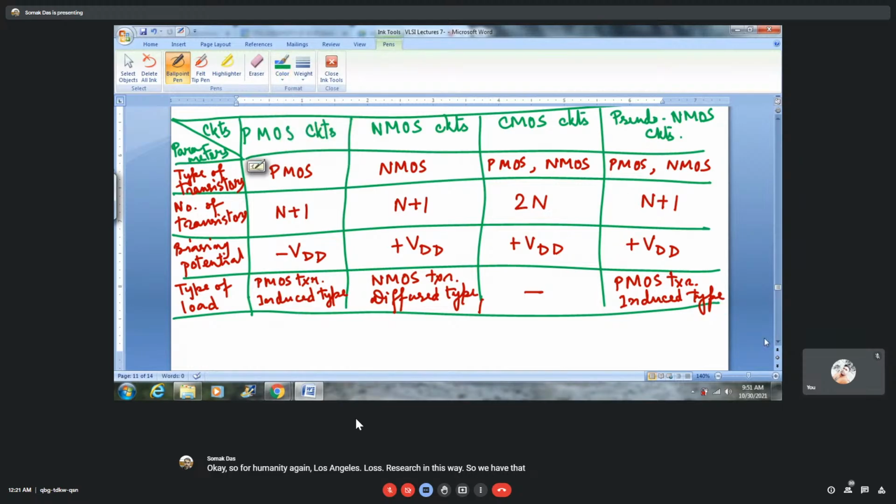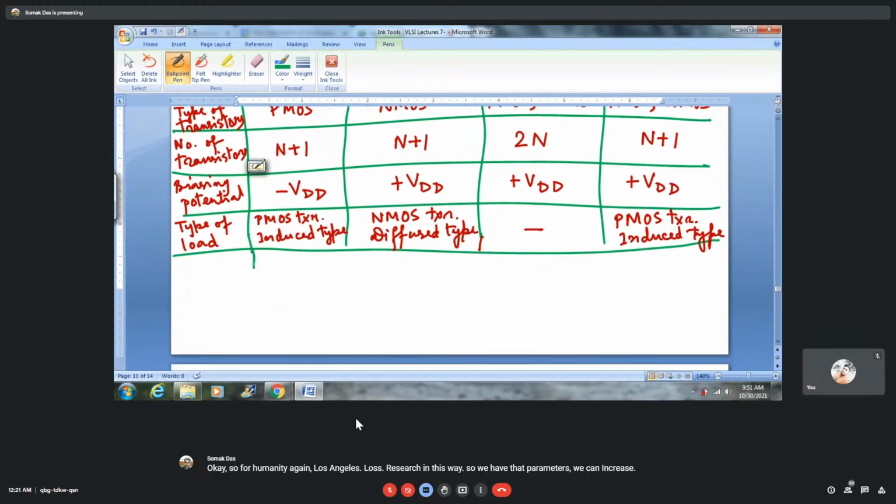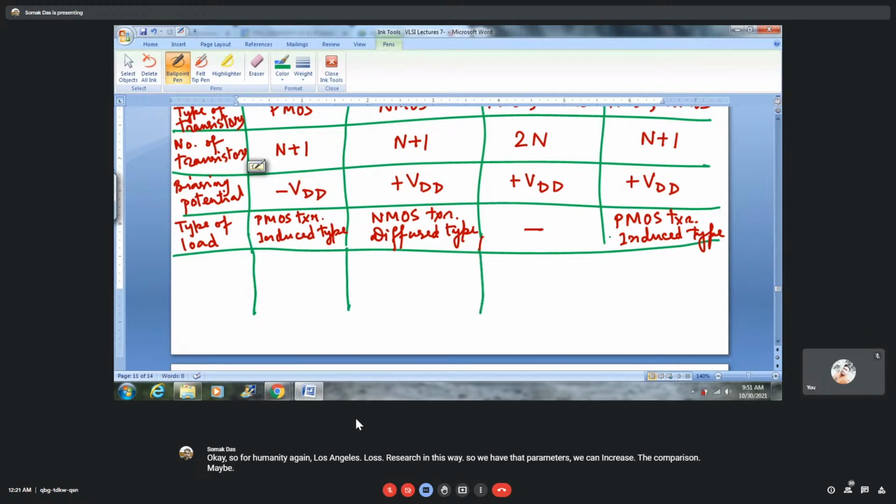Yes, we can continue discussing the comparison. So maybe further points also. Maybe one of them is connectivity of the load.